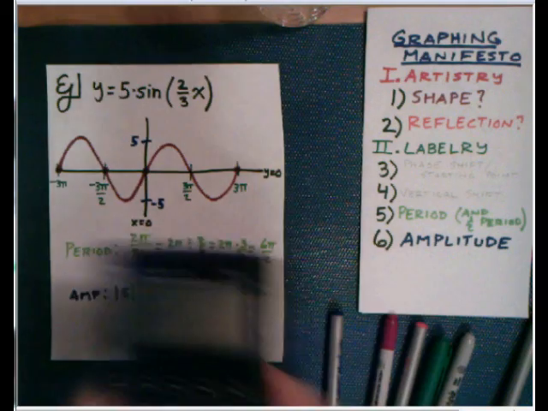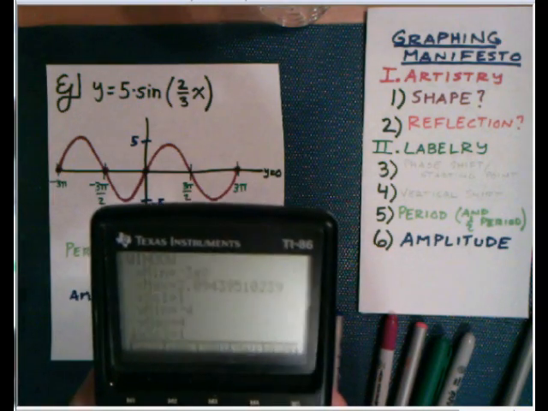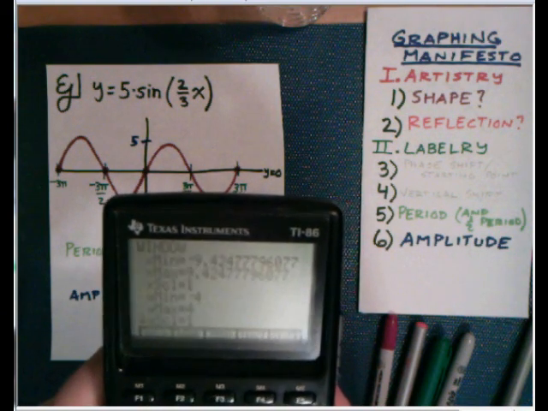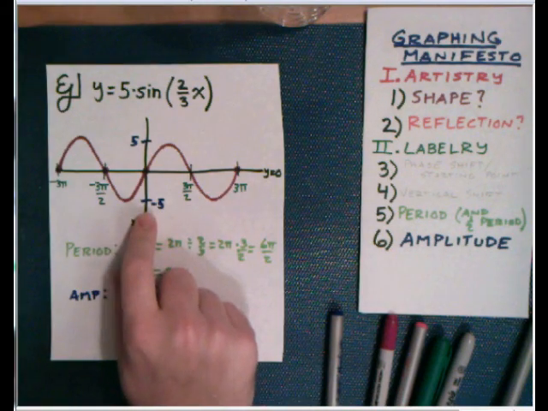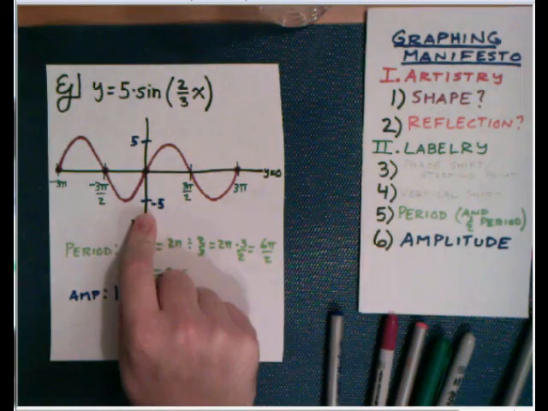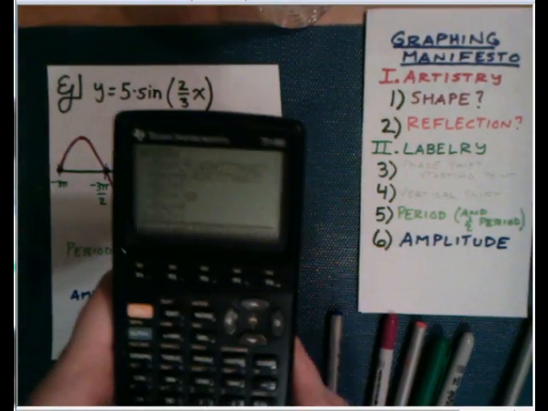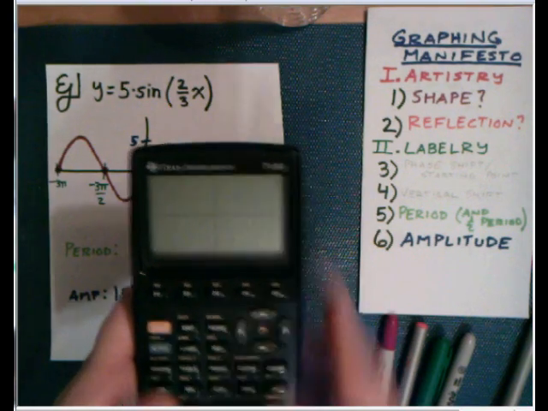So going to my window, this time I'm going from negative 3 pi to 3 pi. Notice I'm actually putting that in there. The x-scale can go by 1, it doesn't really matter. And then for our max and min, since our amplitude goes from negative 5 to 5, the range will go from, I don't know, negative 6 to 6, just to get all the space in there. And then let's graph it and see if we can marvel.